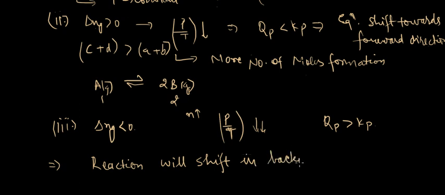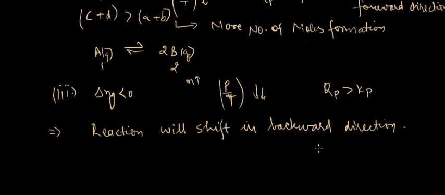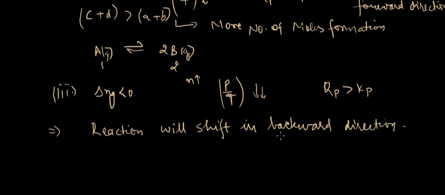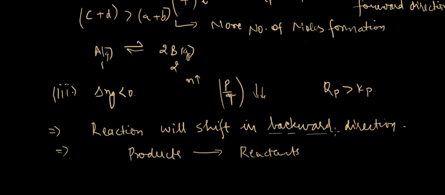Now as the reaction is shifting in the backward direction, the products will go backward and form reactants. So in this case reactant formation would be there, as we have already written. This is implicit from the previous line, but I'm writing it again.